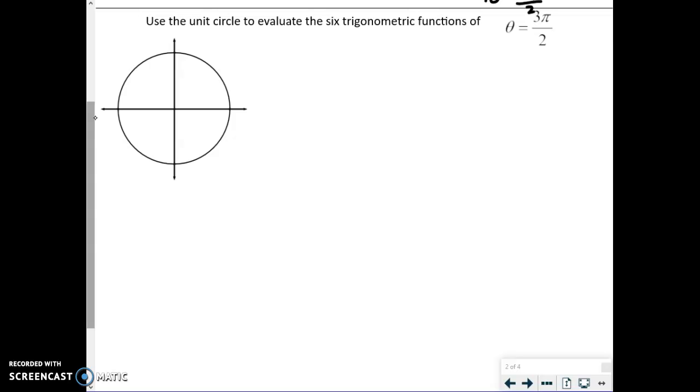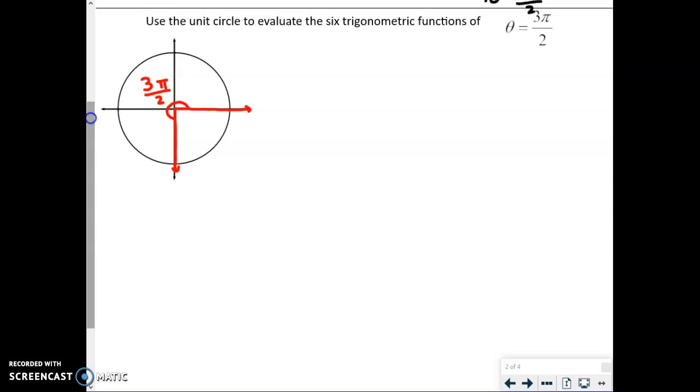So in this case, if we think about it by starting out with, well, where's that angle? Well, we start right here, always at that positive x-axis, and our terminal side is right here. So here is our angle, and that angle happens to be 3 pi over 2 radians.